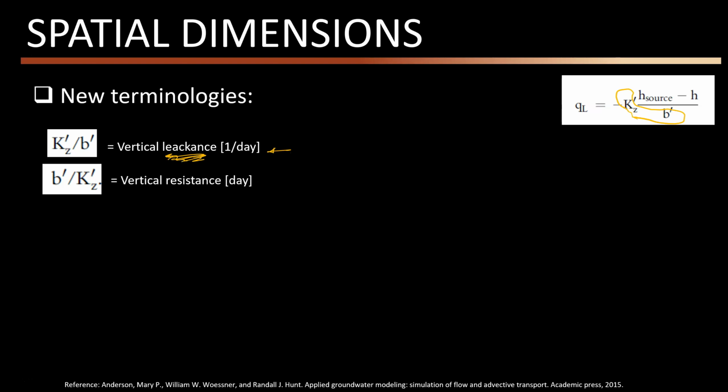There's another term that I don't see many groundwater people using, but anyway, if you invert the leakance, then you can look at that physical property as the vertical resistance of the groundwater flow. This looks like a heat transport term, but it is the term that we actually use a lot in the groundwater literature, and it is nothing but hydraulic conductivity divided by thickness of the aquifer.